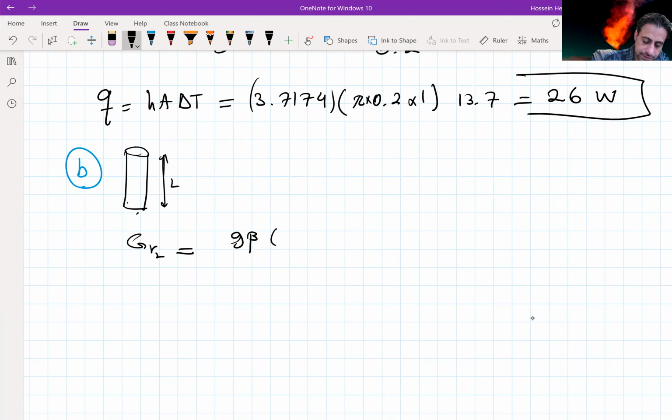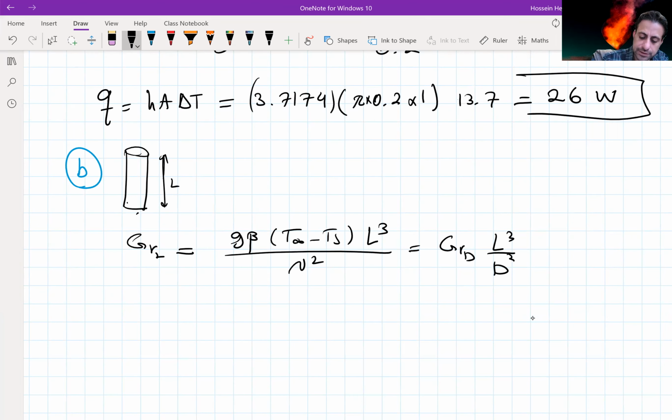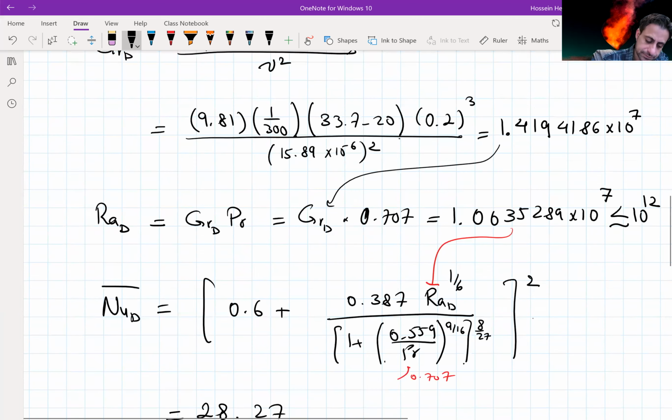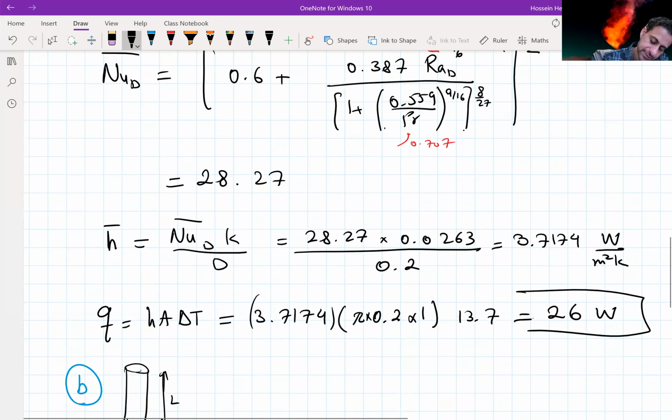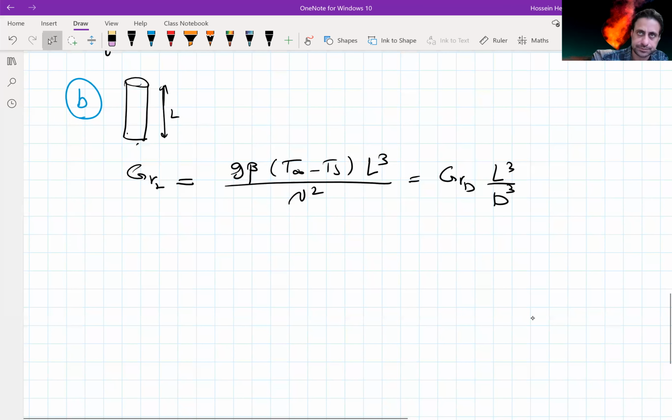The characteristic length: g beta, T infinity minus Ts, L cubed divided by nu squared. This is equal to the Grashof number D that we evaluated before. Here everything else is the same, only D is replaced by L.